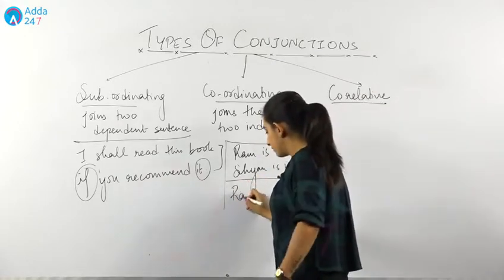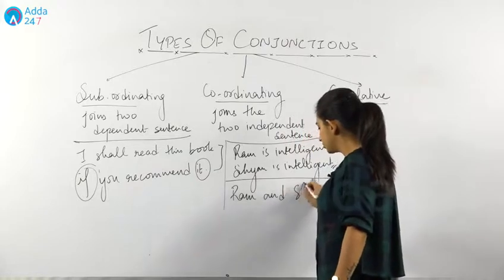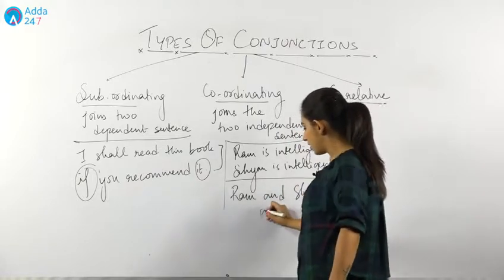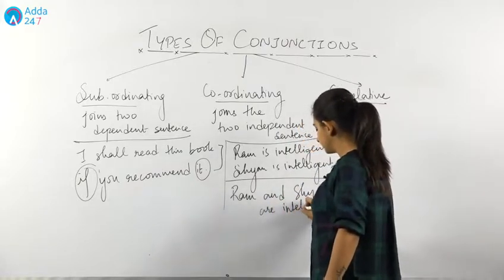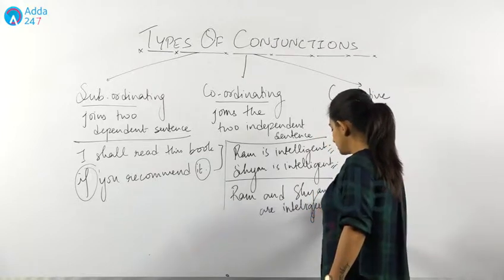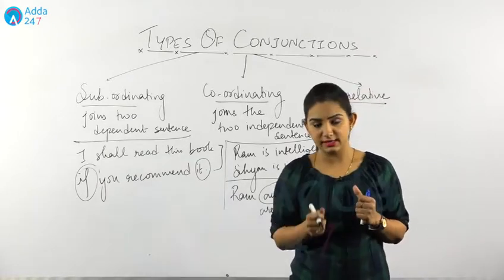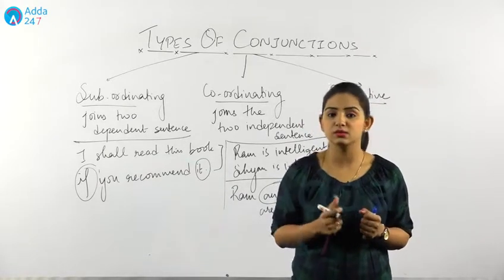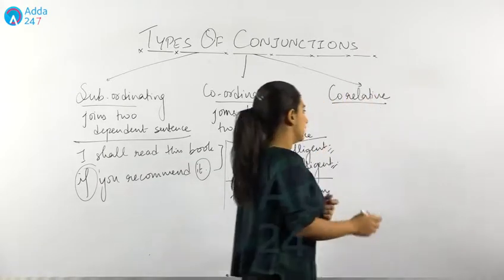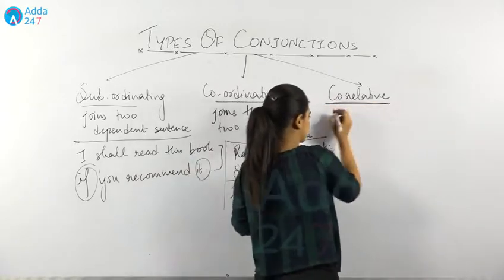Like Ram and Sham are intelligent. So and is the word which joins two independent sentences, two independent clauses, and this is a coordinating conjunction.